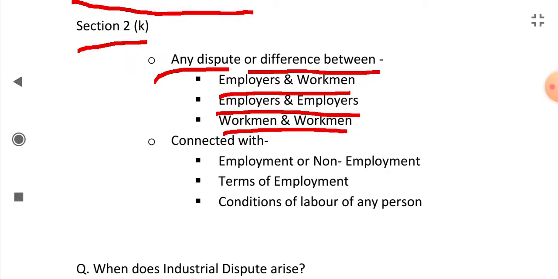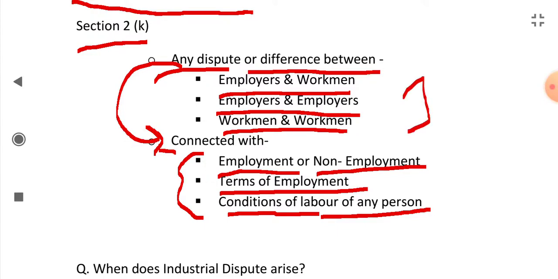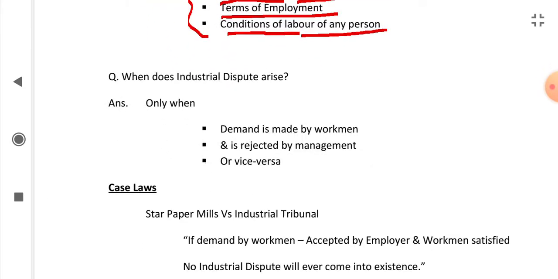Okay, any dispute between them or any difference between them, and that dispute or difference should be connected with the employment or non-employment, or the terms or rules of employment, or the conditions or requirements of labor of any person. If this dispute or difference is connected with these points, then it's called an industrial dispute. So this was the definition.